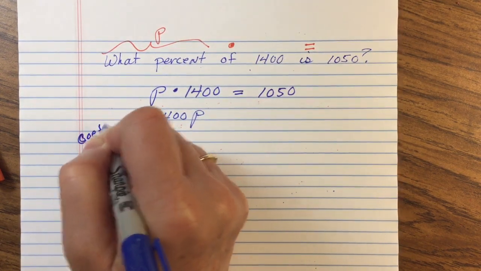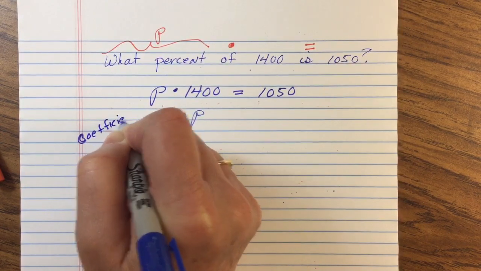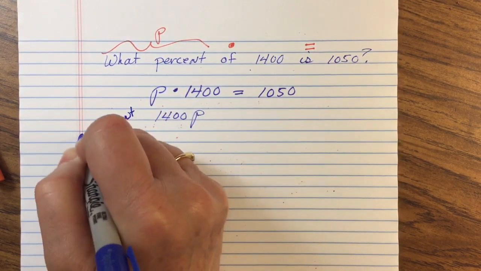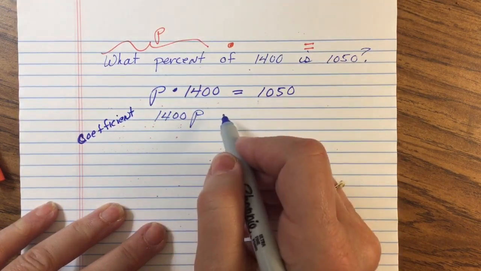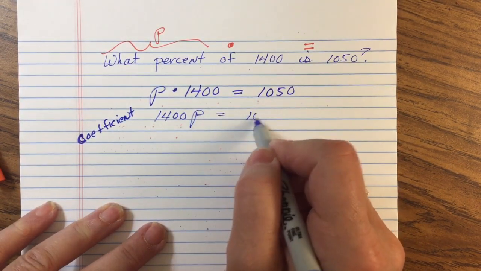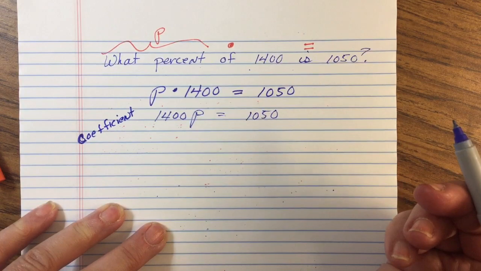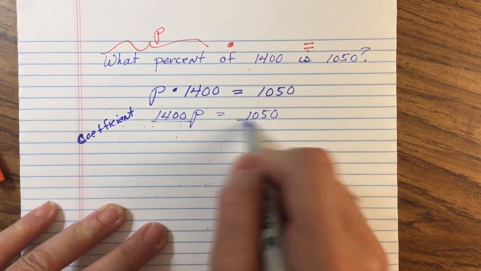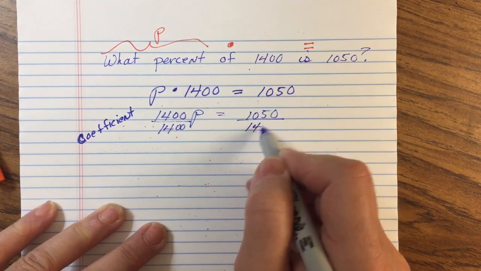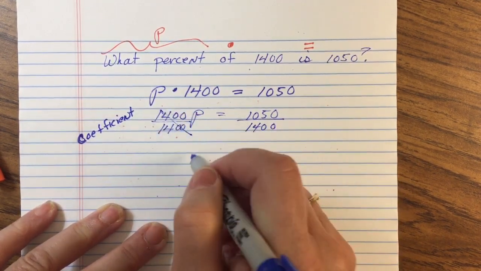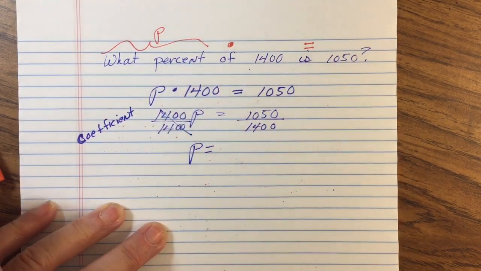I'll just write that in as a possibly new word, coefficient. So 1,400p is equal to 1,050. Again, to solve this equation, we divide by the coefficient of p. Cancel to find p on our calculator.